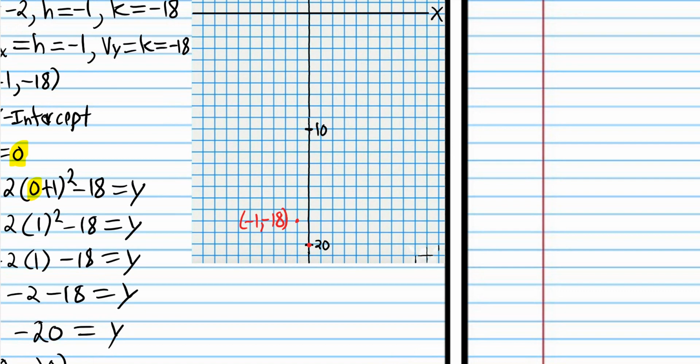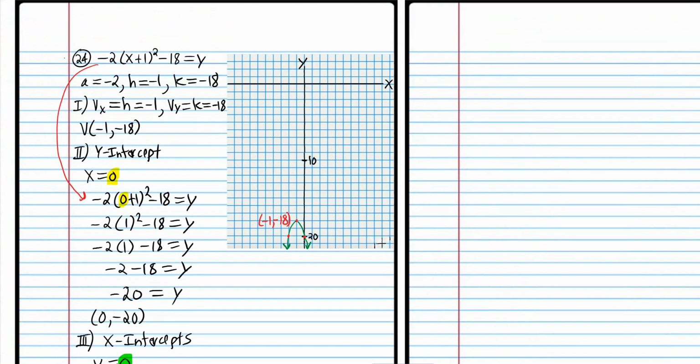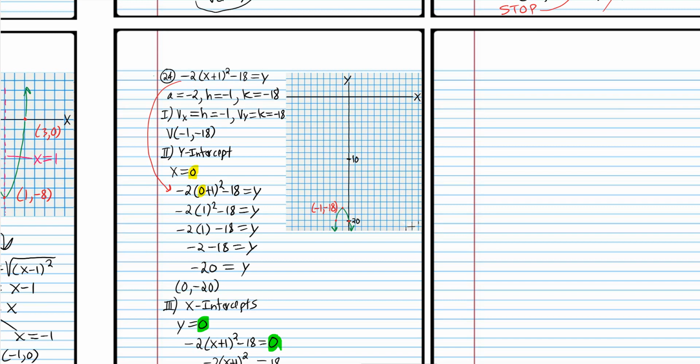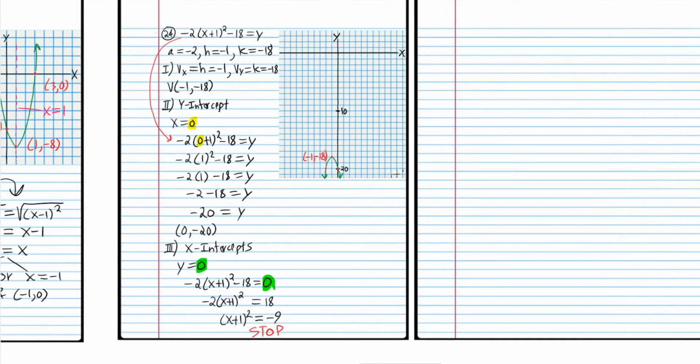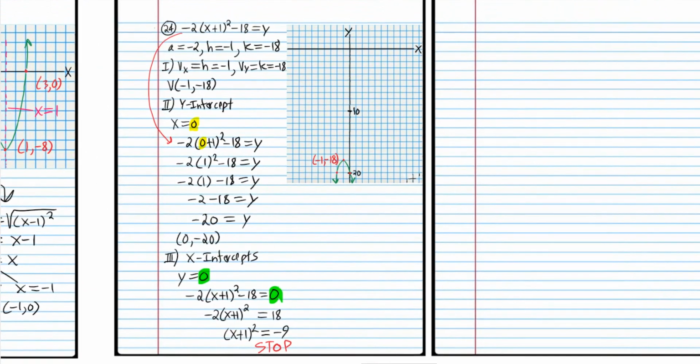And of course we can use symmetry. Sorry, these graphs ended up being kind of small, or the parabolas ended up being kind of small. But as you can see, this parabola is just going to keep going down this way. It's never going to touch the x-axis. So that's an example where the parabola didn't have any x-intercepts. So if you got that graph, good job.